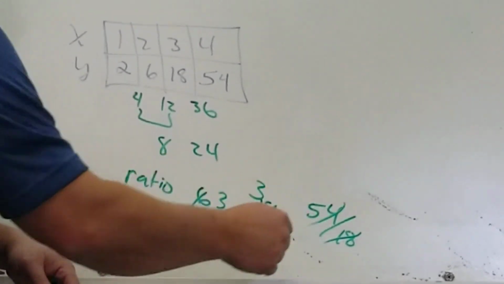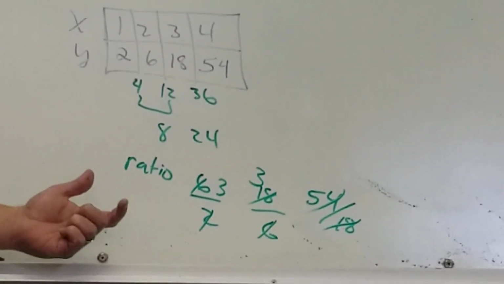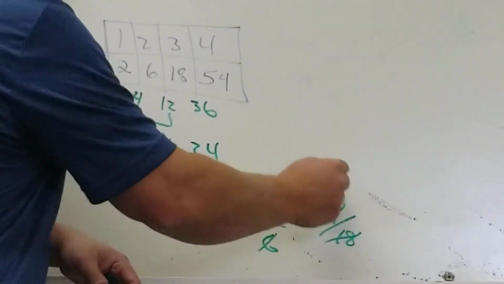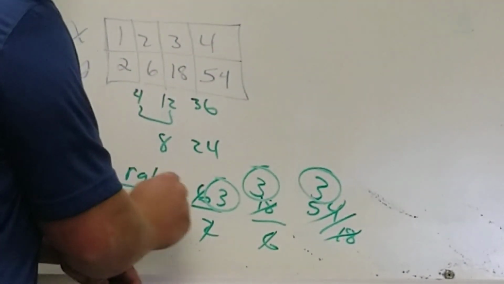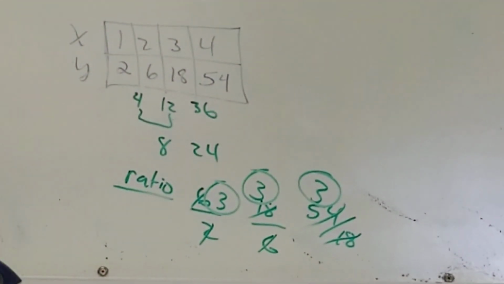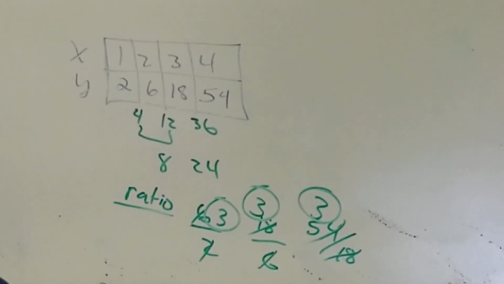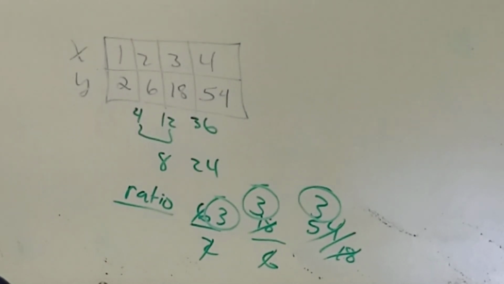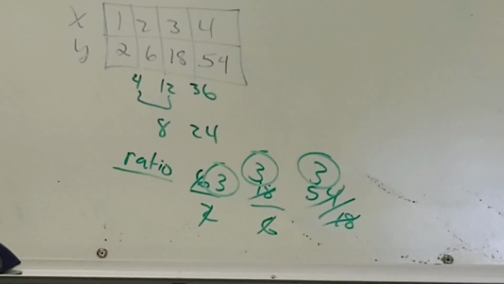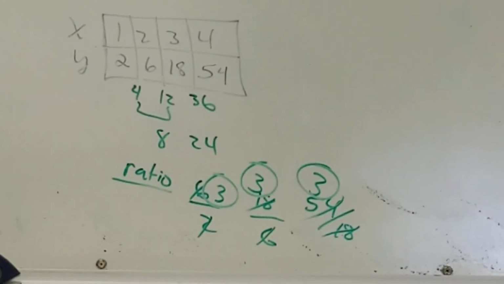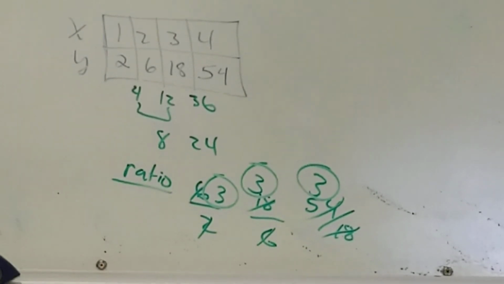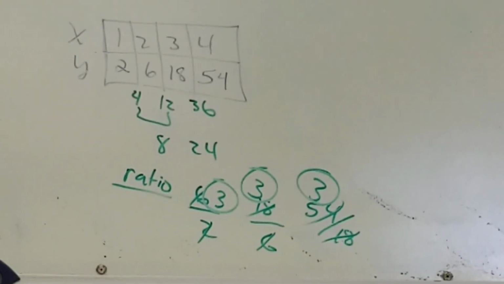What's 18 divided into 54? You may not know this, but guess what it is? 3. If they have a common ratio, meaning second divided by first, third divided by second, fourth divided by third, that's what common ratio means, by the way. The ratio between any two consecutive values should all be the same.